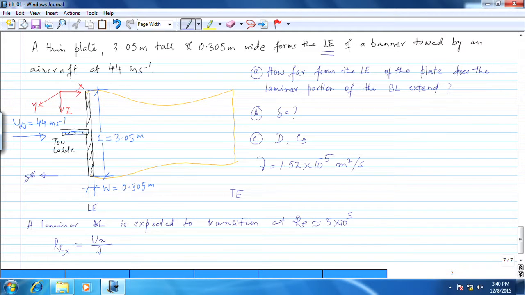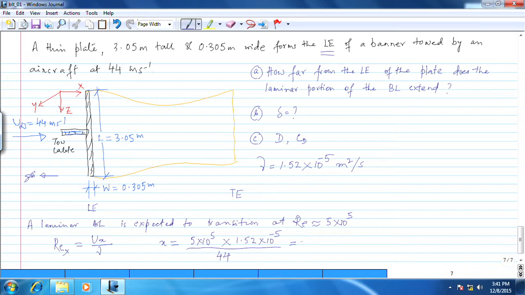So, in that case here, what we know in this formula is the free stream velocity, nu is given, and Rex is something that we know, right. So, we can find out the corresponding x from there. So, here x is therefore equal to 5 into 10 to the power 5, that is the Reynolds number, into nu, which is 1.52 into 10 to the power minus 5, by the free stream, which is 44, right.